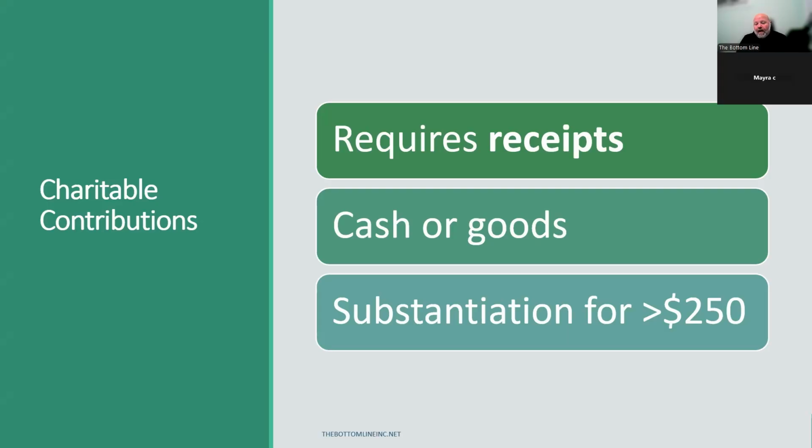And people ask you, what's the maximum I can take? Well, there's no maximum. You can only take what you actually give. So they wanted to take the maximum, and I was like, there is no maximum. How much money did you give? And they didn't give any, but they wanted to take this deduction.